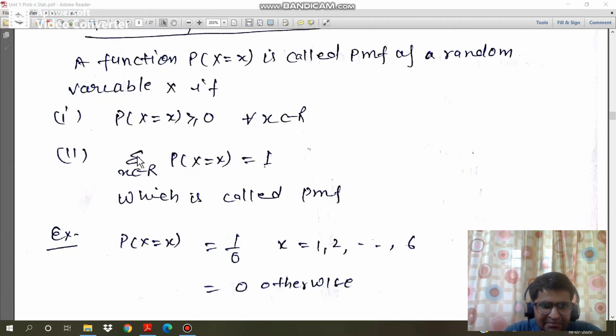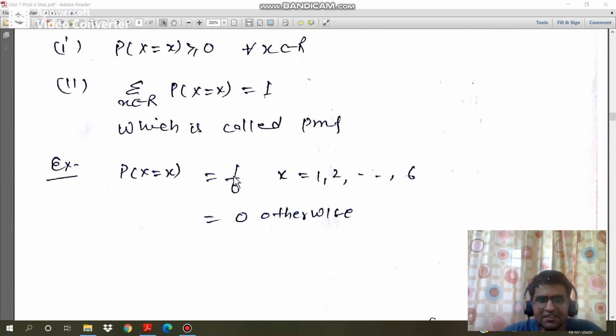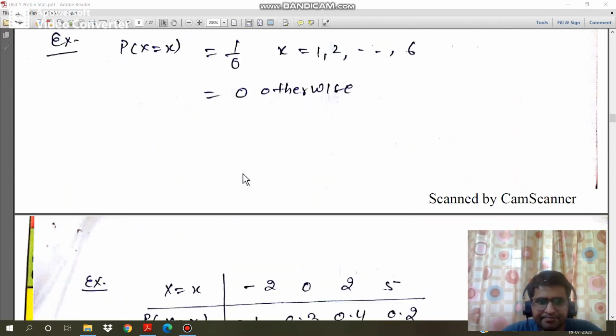And second, the summation over x belonging to R is equal to 1. Means the sum of probabilities is always equal to 1, and probability is always greater than or equal to 0. This is an example of discrete data.